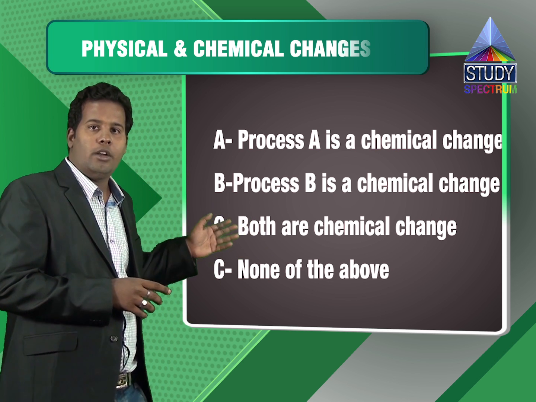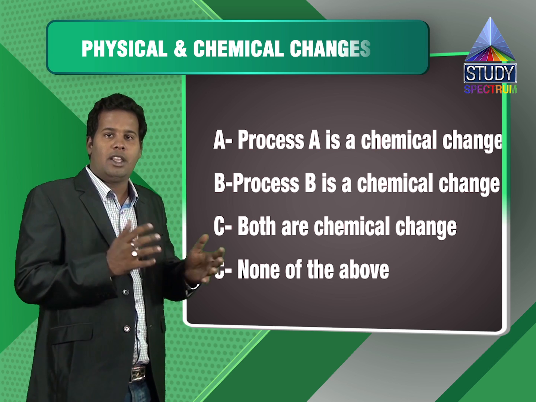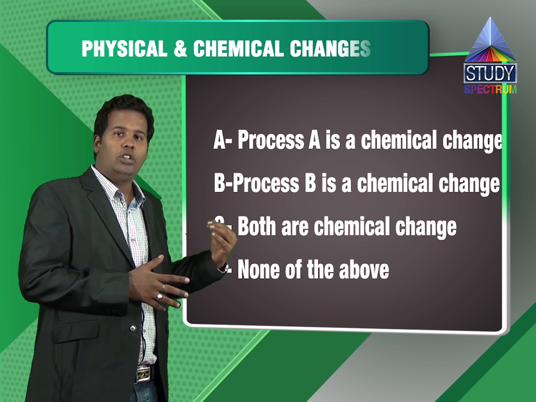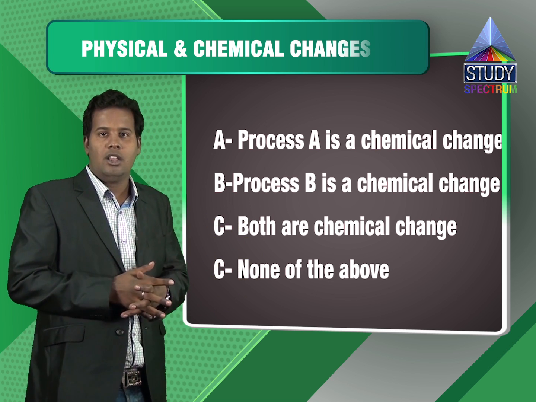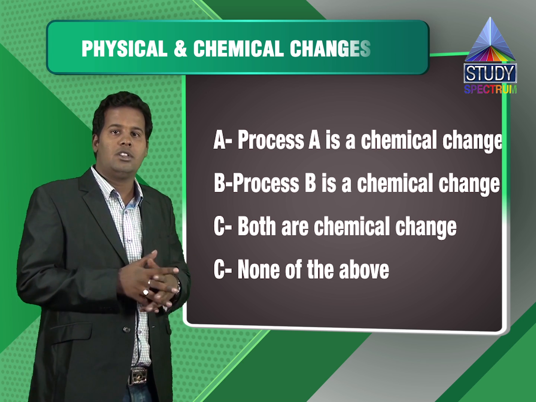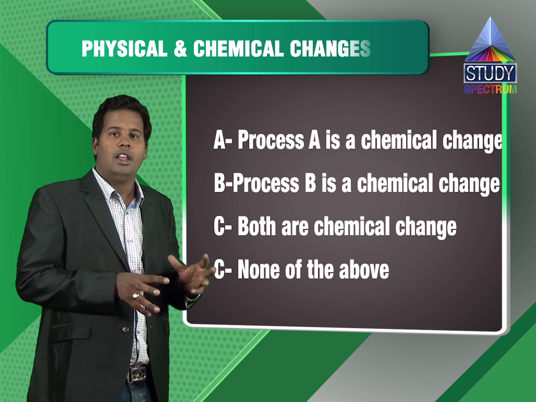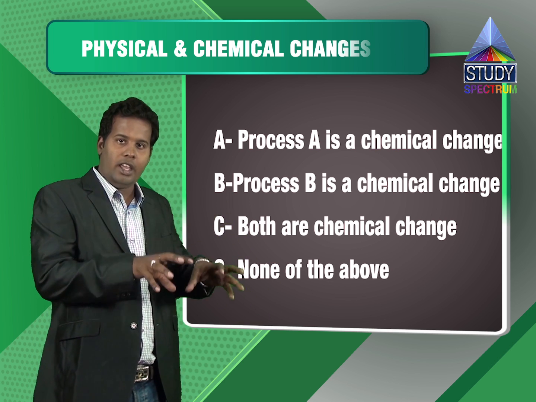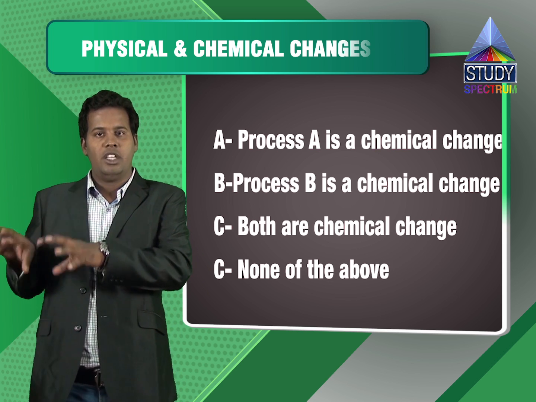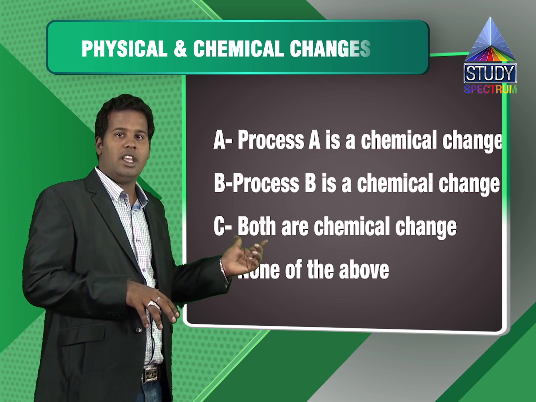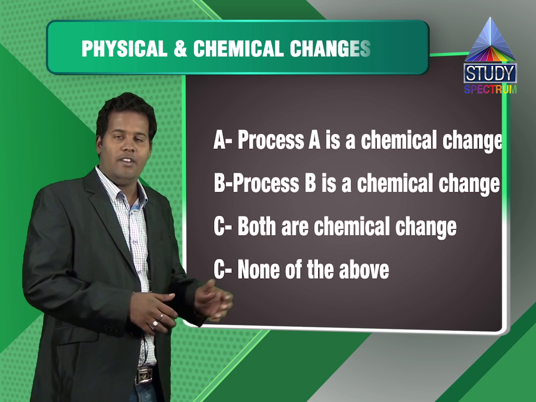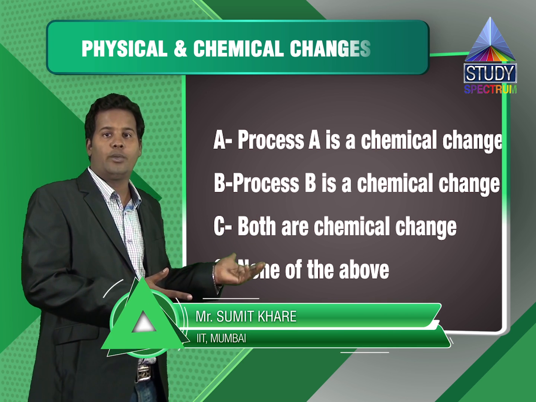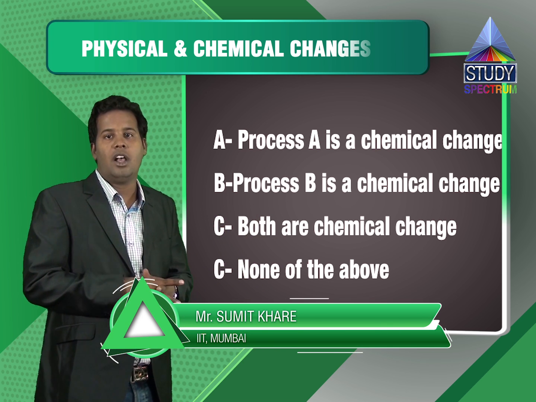The first option says only process A is a chemical change, whereas the second option says only process B is a chemical change, the third option says both the processes A and B are chemical changes, and the last option is none of these processes is a chemical change.